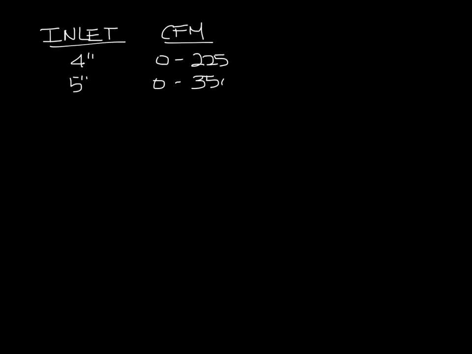Our catalog shows the airflow range of the different inlet sizes. So let's show inlets and CFM range here. For a size 4 inlet, the CFM range is shown as 0 to 225, a 5-inch 0 to 350, 6-inch 0 to 500.